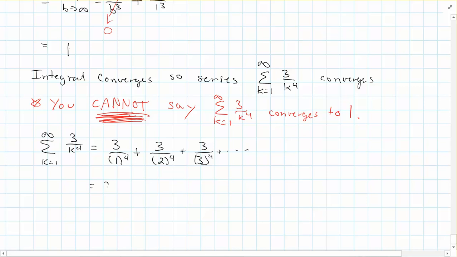This is going to be 3 plus 3 over 16 plus 3 over 81, and so on. Well, it's already bigger than 1, so how could it possibly converge to 1? So the integral test does not tell us at all what the series converges to. It only tells us if the series converges or diverges.